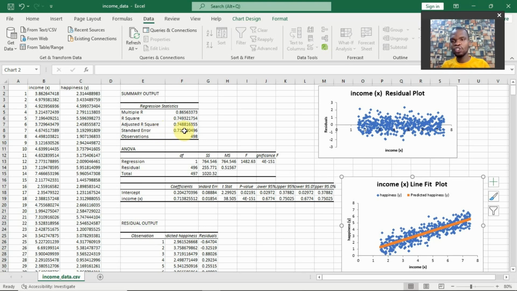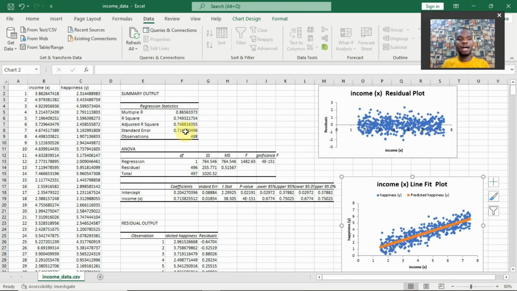Standard error shows, on an average, how much each predicted value varies from the original value. So having 0.71 means that on an average, what we predict is only different from our original value by about 0.71, which is actually a good result.